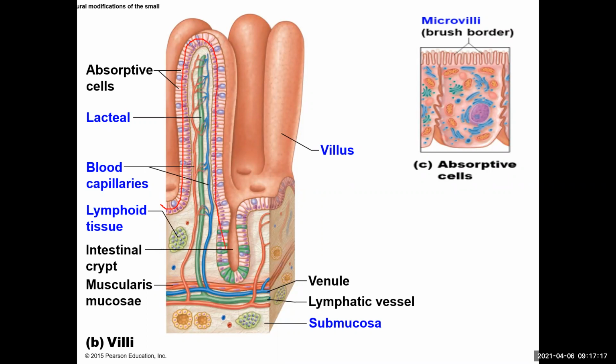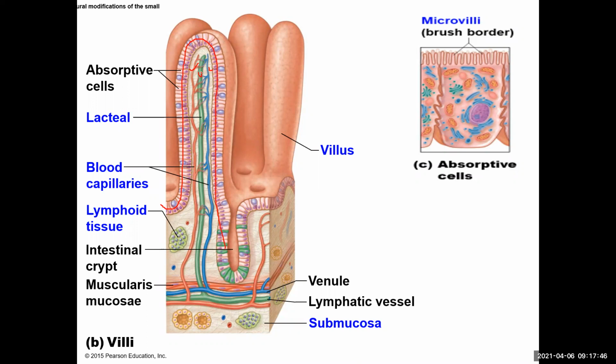Internally, they have veins, capillaries, and special lymphatic vessels called the lacteals. Lacteals are special kind of lymphatic vessels present in the small intestines. Their main function is to absorb the fat which is being digested there.